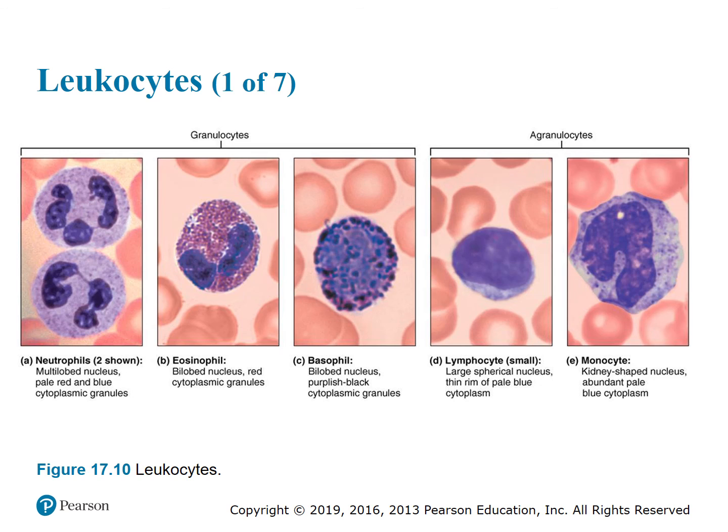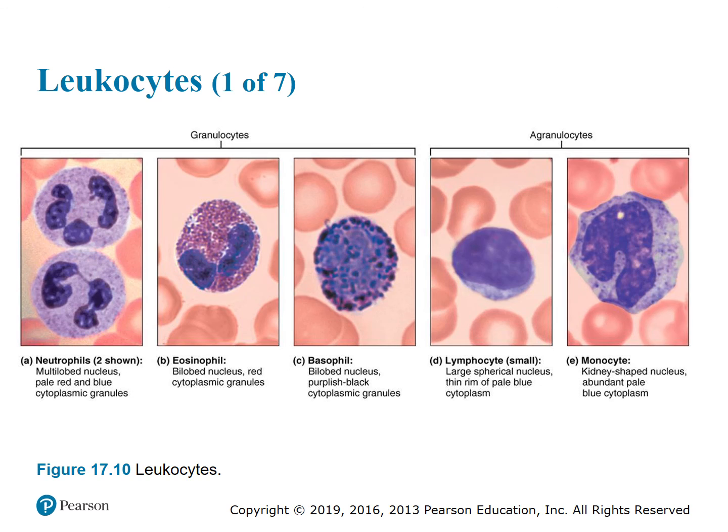Eosinophils have a bilobed nucleus and red cytoplasmic granules. Basophils have a bilobed nucleus and purplish black cytoplasmic granules.